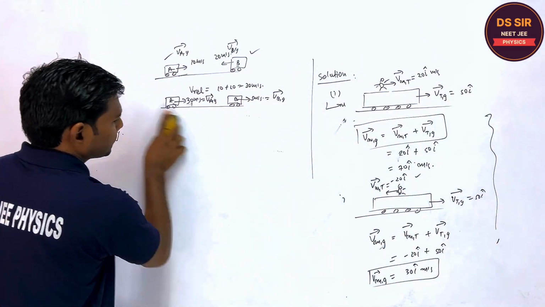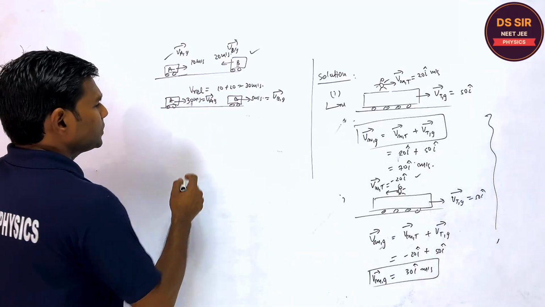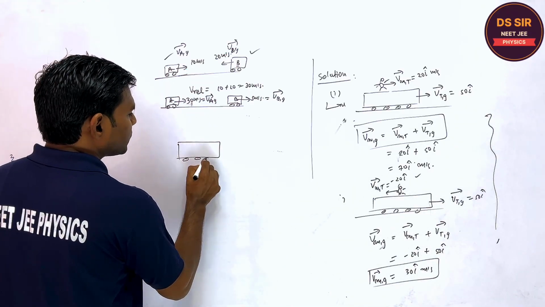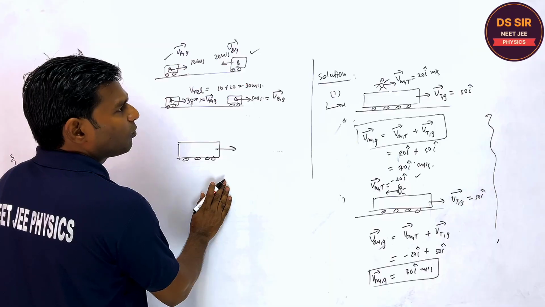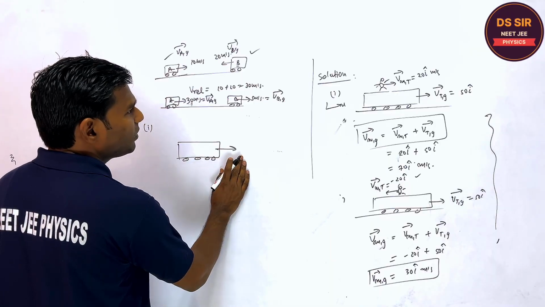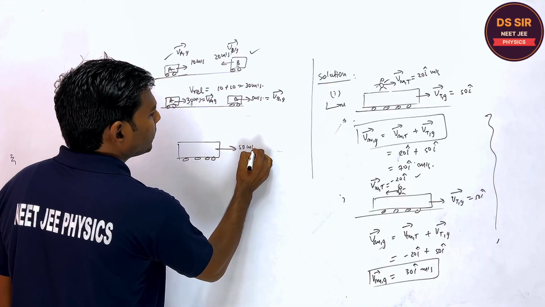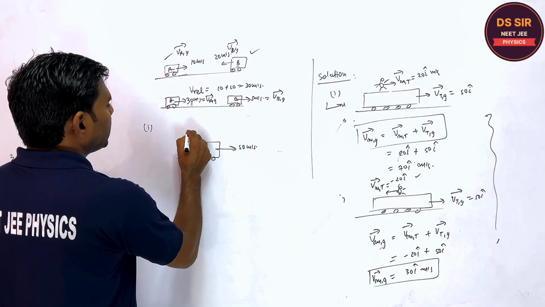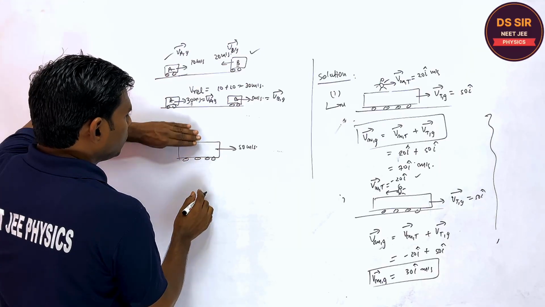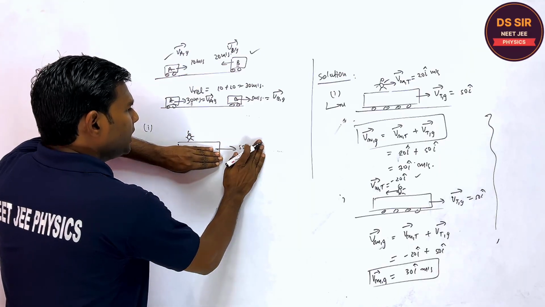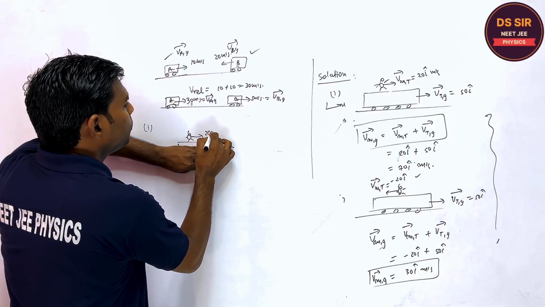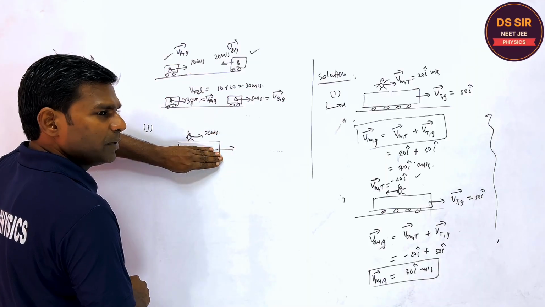How? Let's see. Listen, suppose this is the train, right? It is moving, in the first case, with what speed? Say 50 meter per second. And the monkey is over there. Although, suppose the train is at rest. So monkey is moving with 20 meter per second.